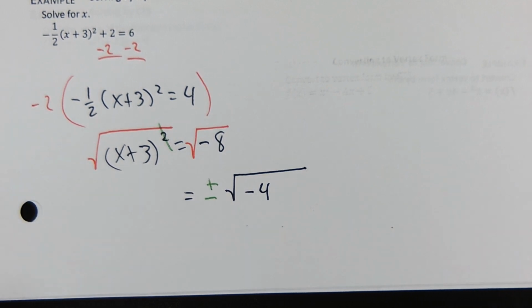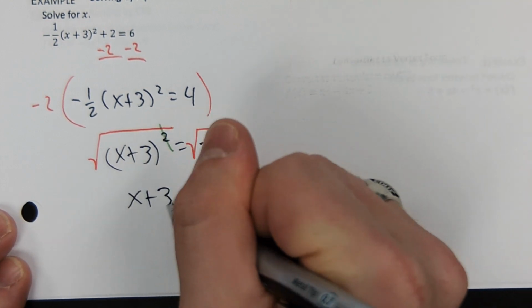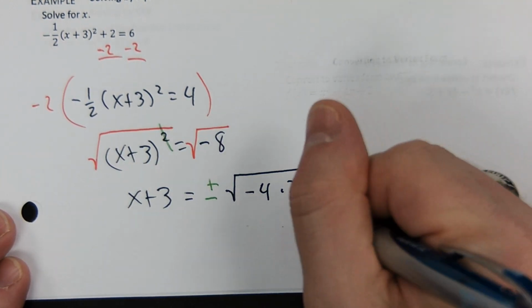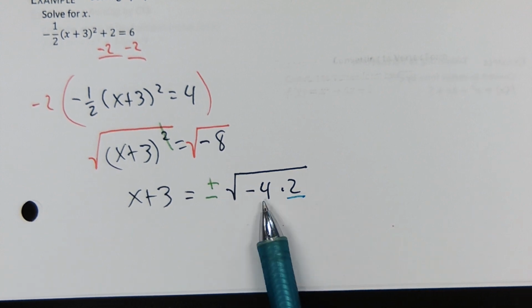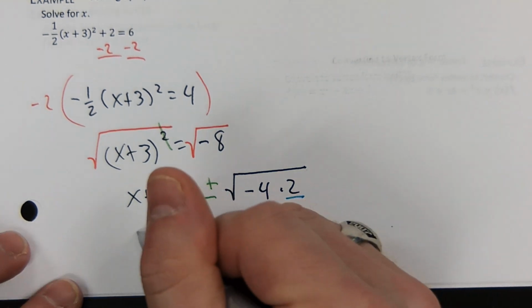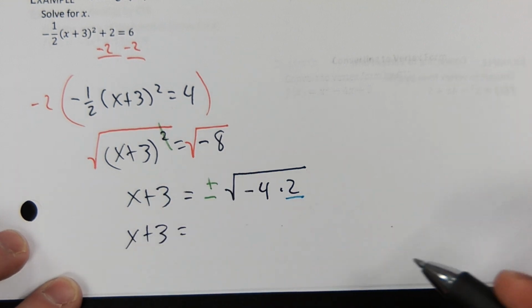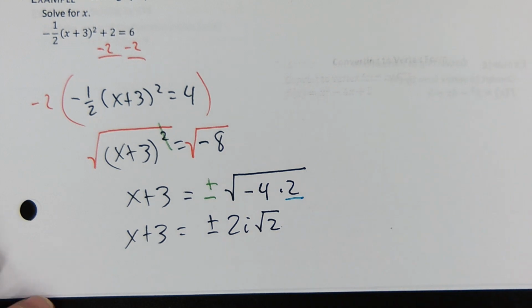This x plus 3 will be our stuck number. That 2 is not getting out of that radical. Forever in jail. But I can take the square root of -4 out. If the square root of 4 is 2, then what is the square root of -4? 2i. Awesome. So we have x plus 3 equals plus or minus 2i root 2.